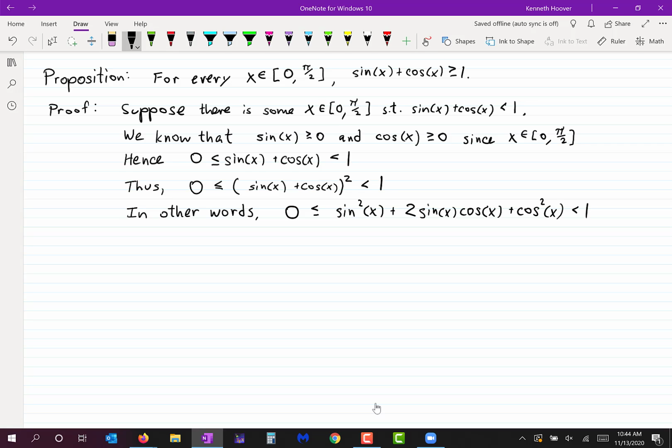But isn't that middle part there equal to 2 sine x cosine x plus 1? Because don't these two added together give us 1?